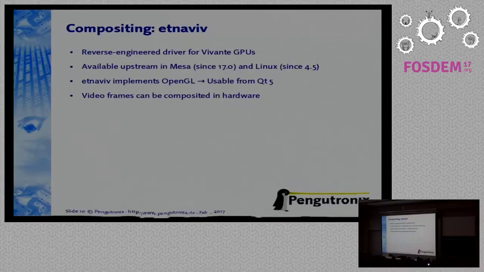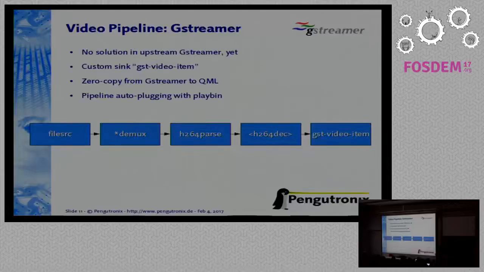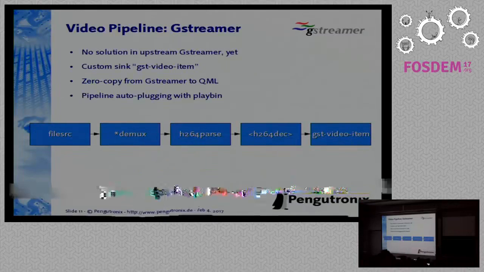And we can composite our user interface and especially the video frames we have in hardware, which is really useful because we don't want to do that copying in software. Now comes the problem. How do we get the video frames into the EtnaViv driver?